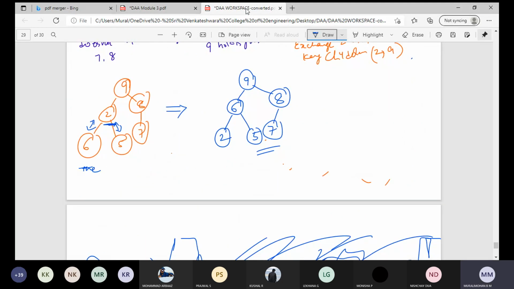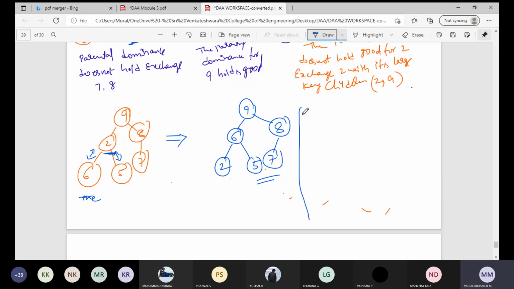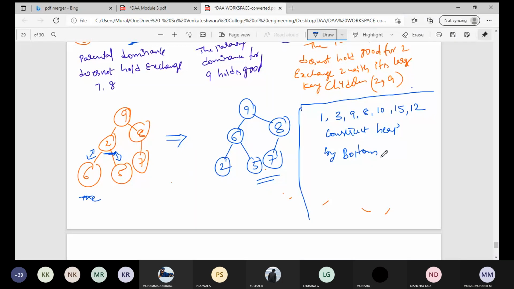Construct a heap tree by using the bottom-up approach. Just try to construct it for this one.